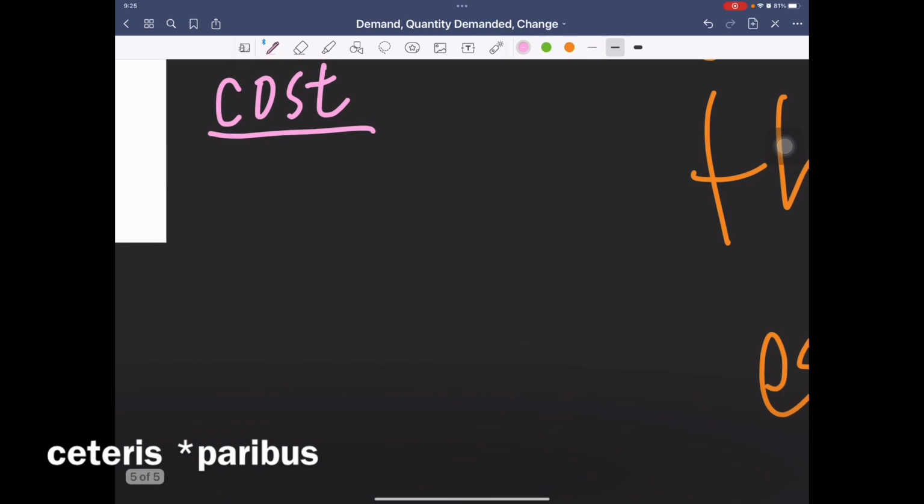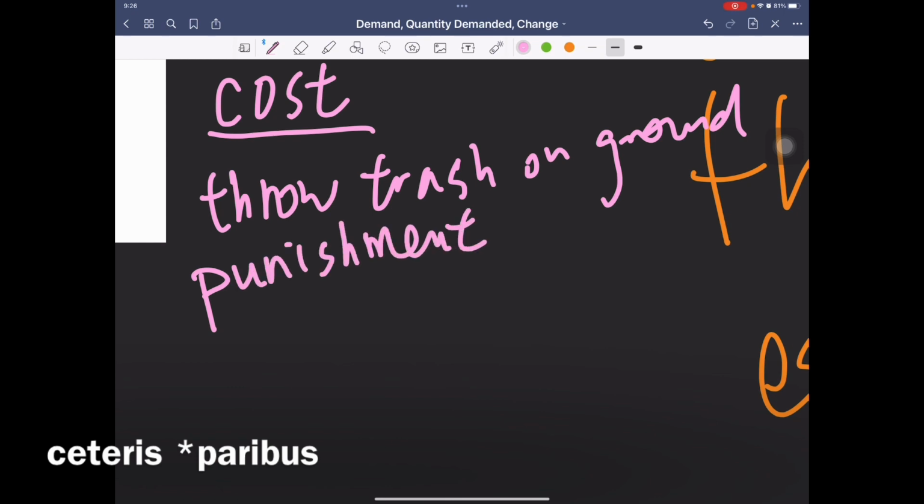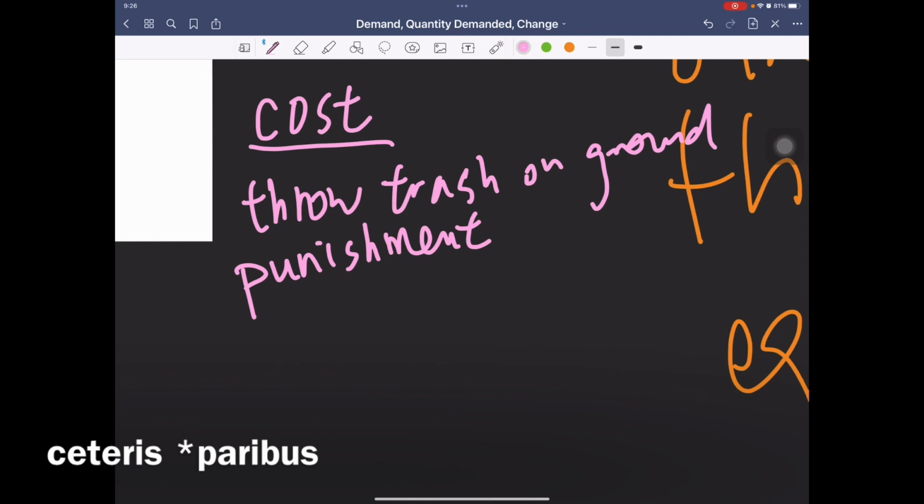Let's say in a country, if people throw trash on the ground, each time they will receive a punishment.